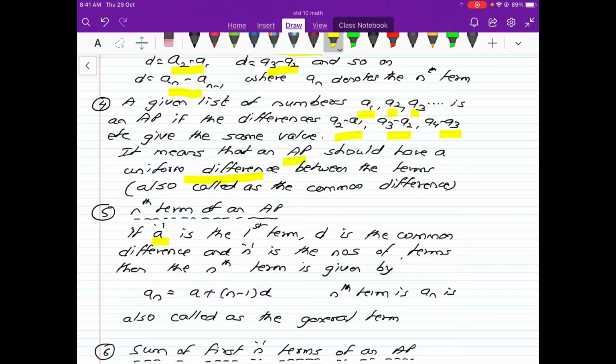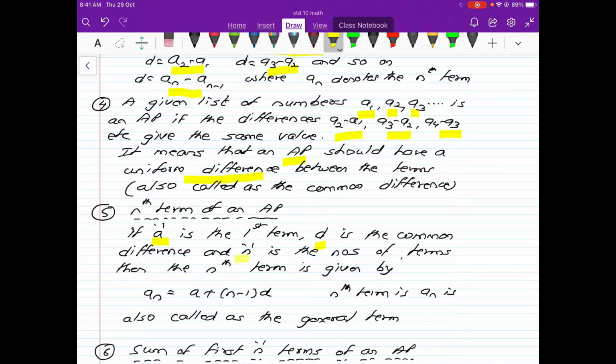A is always considered to be the first term, D is the common difference, and we want to know the nth term. For example, I want to know the 15th term. So 15th term means n, the number of terms, is equal to 15.